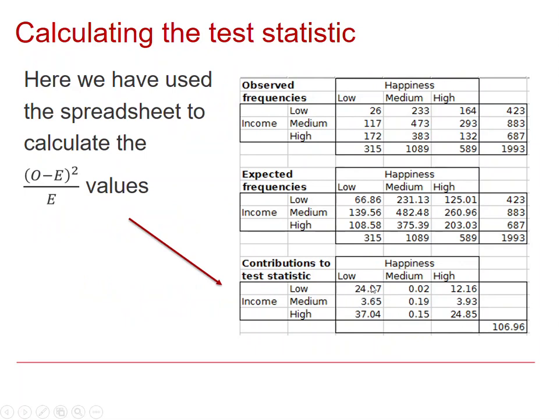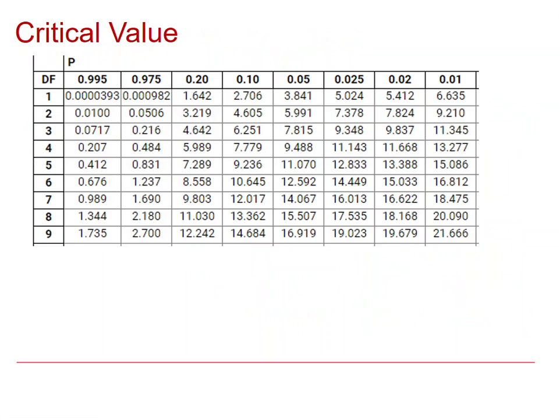Working that out for all 9 cells on the inside here gives us a total value of 106.96, which is our test statistic. We also need to find our critical value. So we said that we do 2%, and that we also need 4 degrees of freedom. So you can see here that our critical value is going to be 11.668, and we will reject any values which are greater than that.